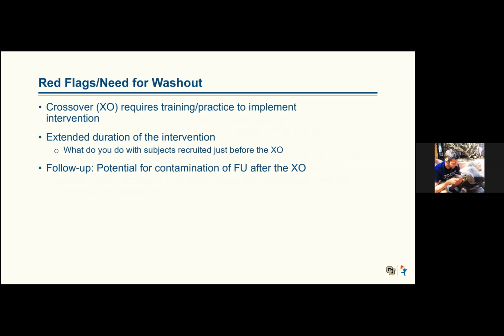And some of the red flags for a need for a washout period are that requirement for training and practice, or extended duration of the intervention, or again, potential contamination of the follow-up.